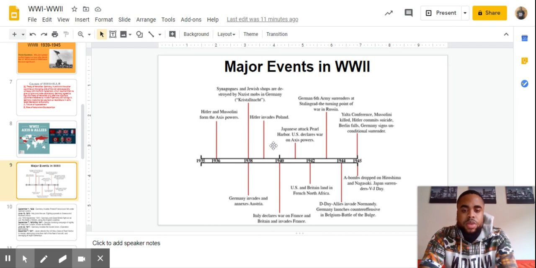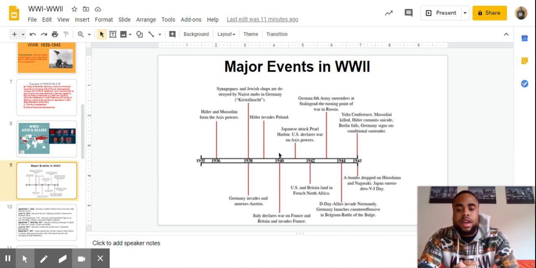And then also we have this weird little agreement that Stalin, who's over Soviet Union and Russia, forms with Hitler. This non-aggression pact, which means, hey, we're the two biggest leaders or dictators, and we're going to partner up. But Hitler kind of breaks that with Operation Barbarossa, where he ends up attacking Russia anyway.